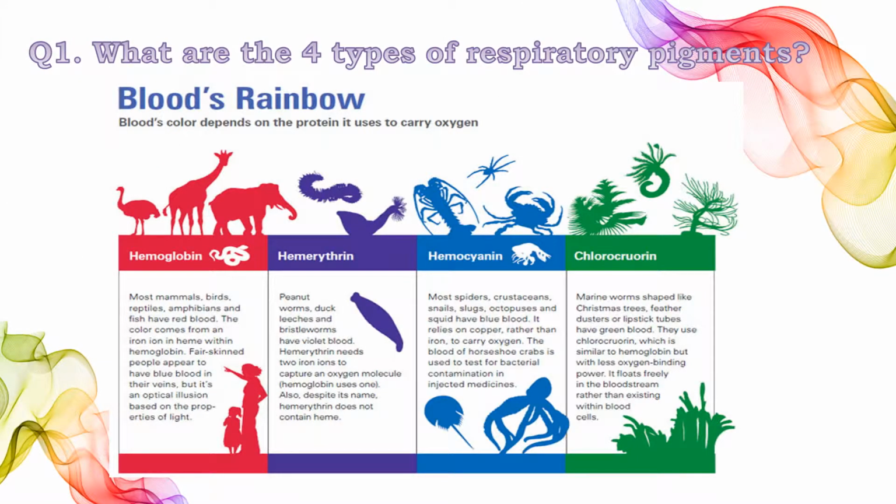First respiratory pigment is hemoglobin. Hemoglobin appears in mammals, birds, reptiles, amphibians, and also fish. This gives red blood color.